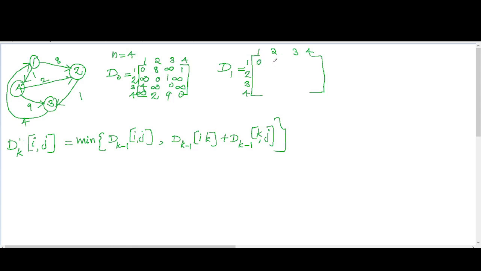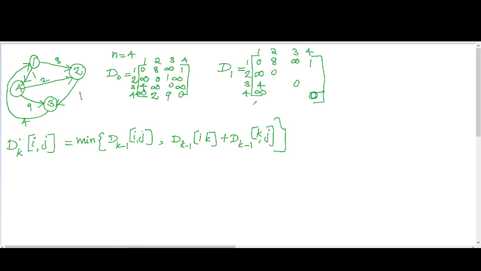So 0, 8, infinity, 1, then first column also 2, 0, 8, 4, infinity. Those two rows and columns are fixed. Also there is no change in the diagonal elements, that means there is no change in the distance. So this is our diagonal elements.